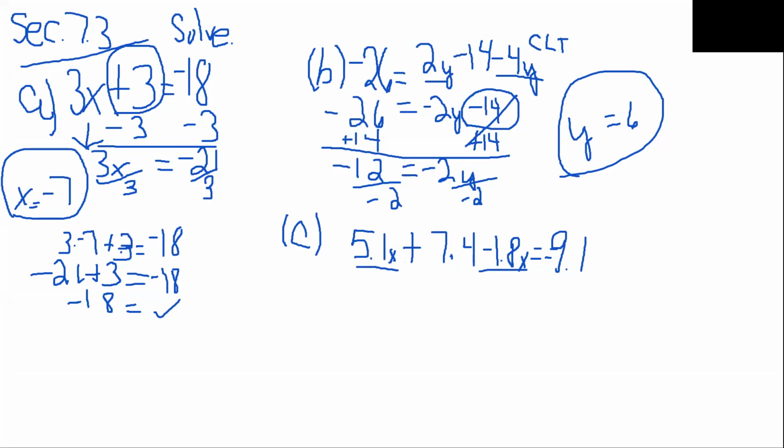So I will show 5.1 minus 1.8, and that will become 3.3x plus 7.4 equals negative 9.1.